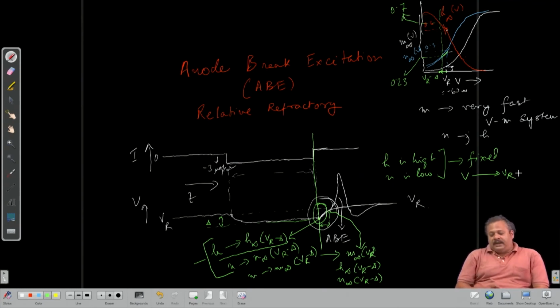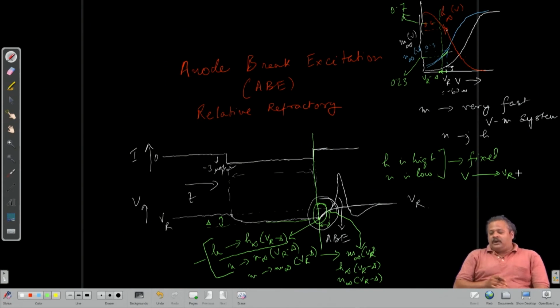We know that at this stage the system is in equilibrium, or the net current is 0, only if H is at H infinity VR, N is at N infinity VR, V is at V infinity, and M is at M infinity VR.